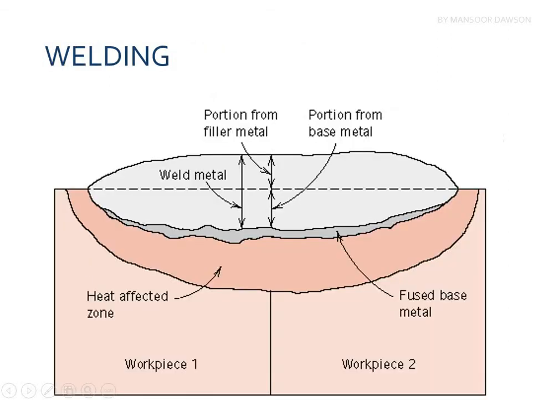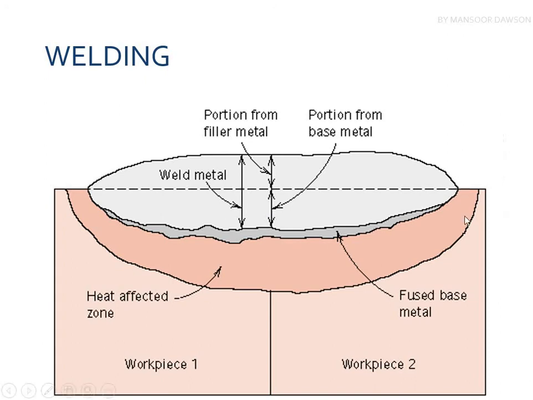Then we have welding, as you have also done welding in your other course. So welding is basically a joining process, in which this is the weld metal, which is obtained either from the consumable electrode or from the waste metal.